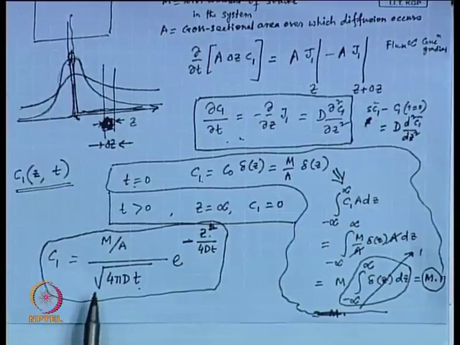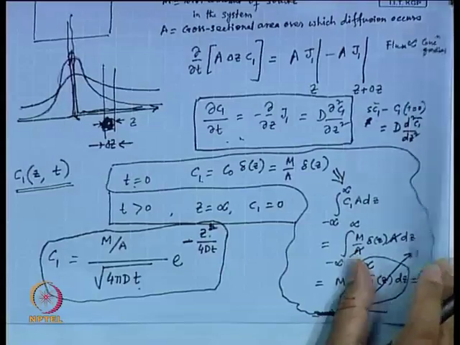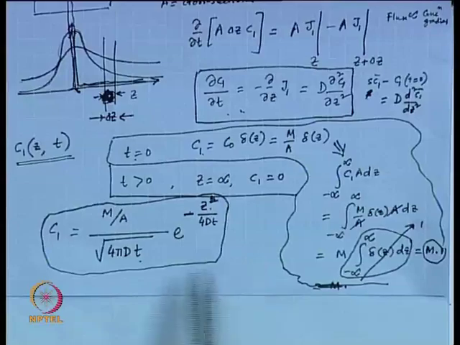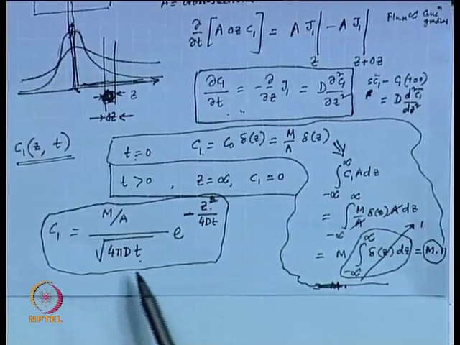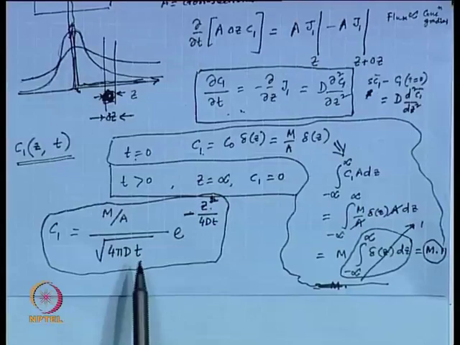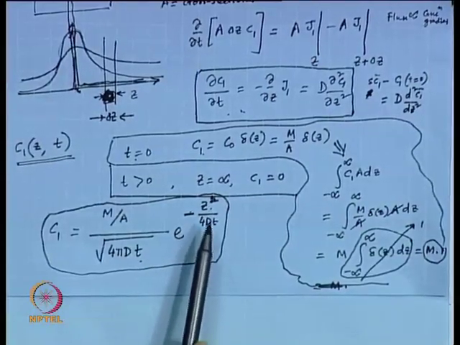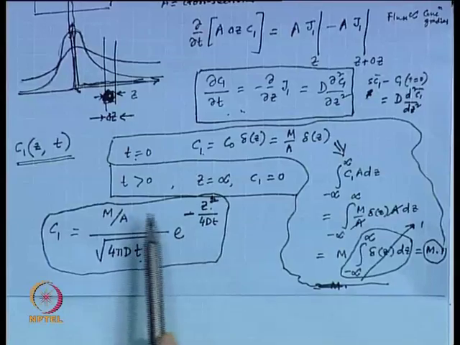So, I suggest that you should be familiar with how this whole thing can be handled. This is one such situation. What you take from here is that you have square root of Dt type dependence in the denominator and e to the power minus z square by 4 Dt. That is a general trend.